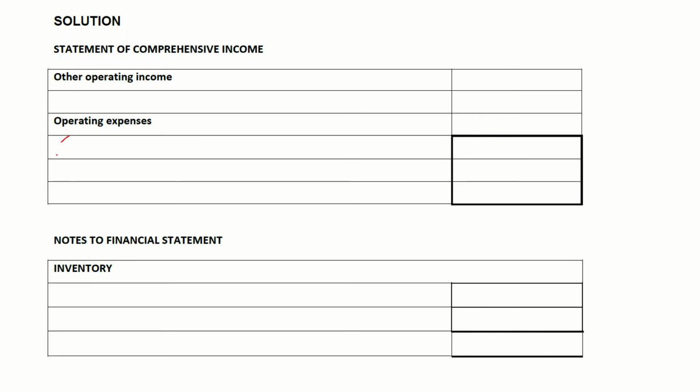I'm going to have stationery here. Open brackets, I'm going to have 600 plus 15,000. I'm going to leave my bracket open because only stationery that was used for the current year must be expensed. So I need to minus any stationery that was not used.